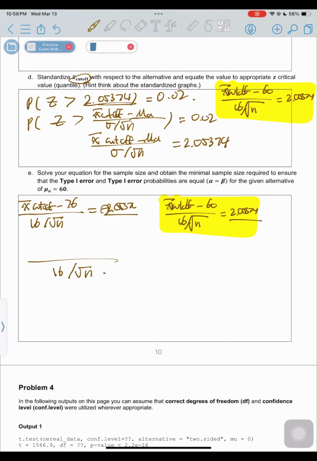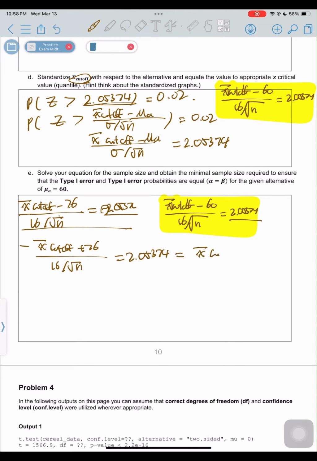Then what we can do is multiply by a negative sign on both sides of this equation. So let me just erase it and write it again. Negative x bar cutoff plus 76 over 16 square root of n is equal to 2.05374, right?